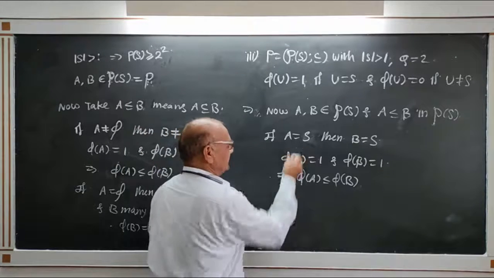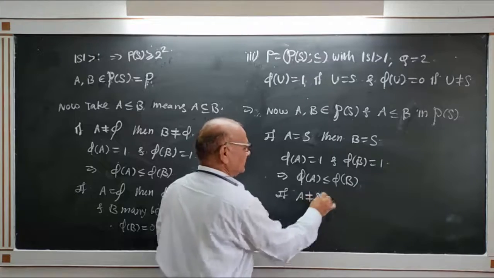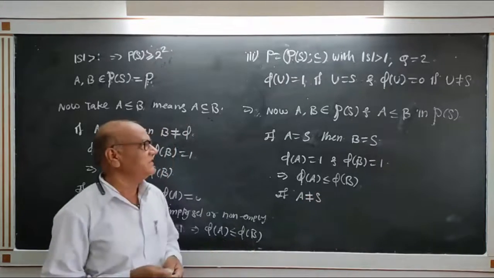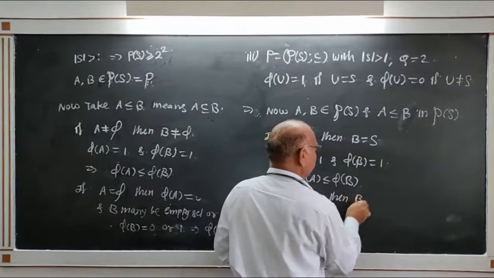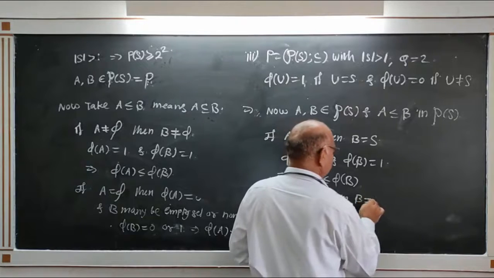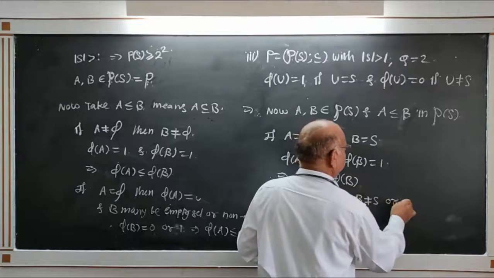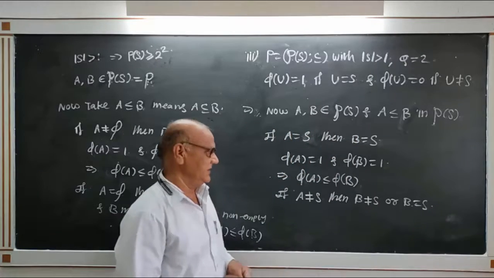Second case: if A is not equal to S, then B is not equal to S or B is equal to S, both possibilities.